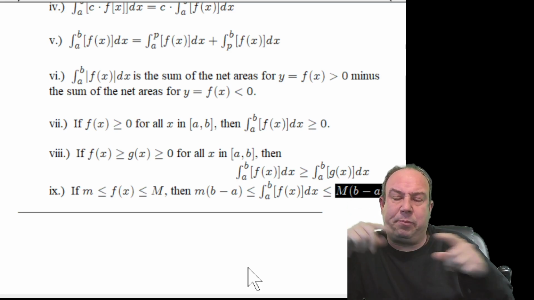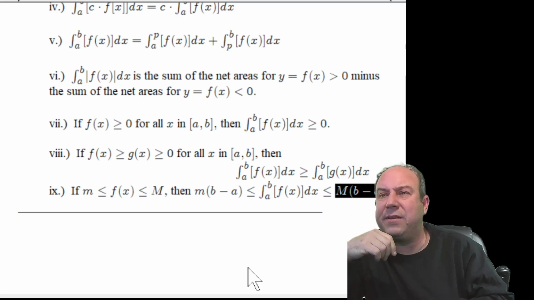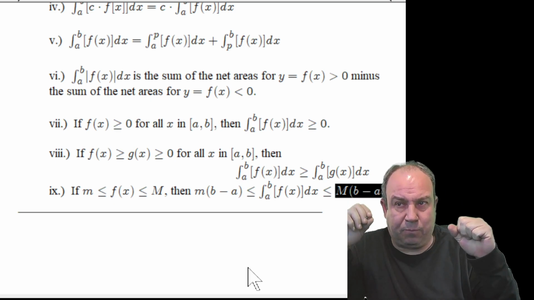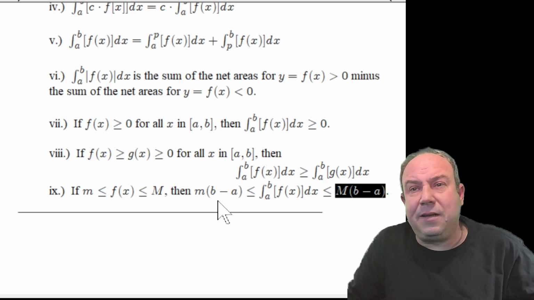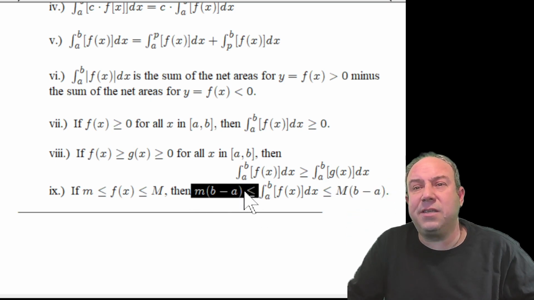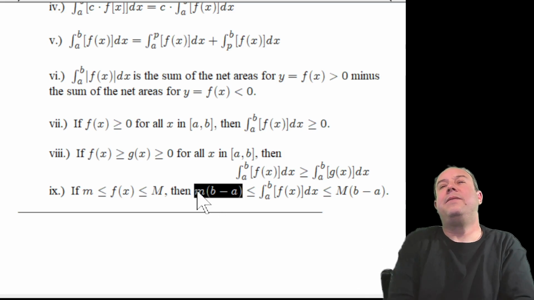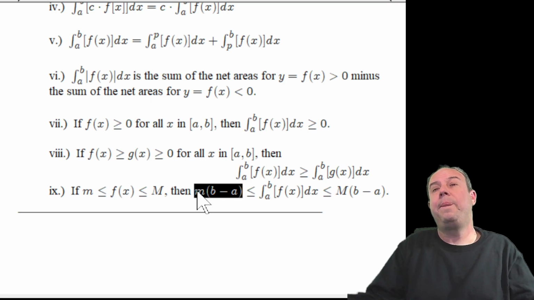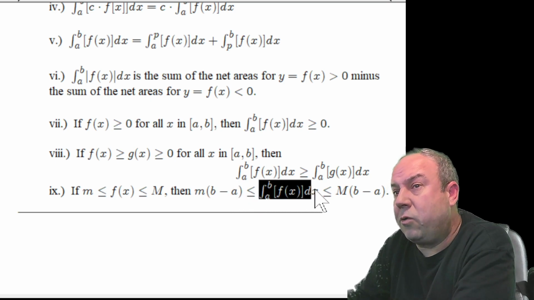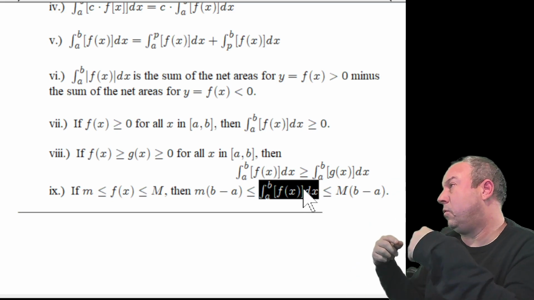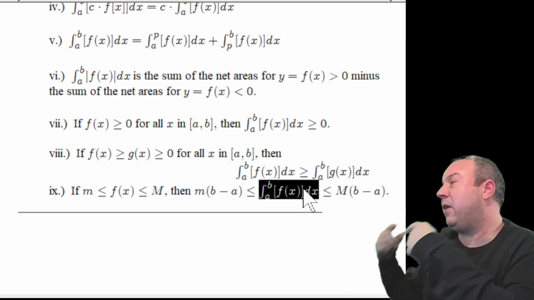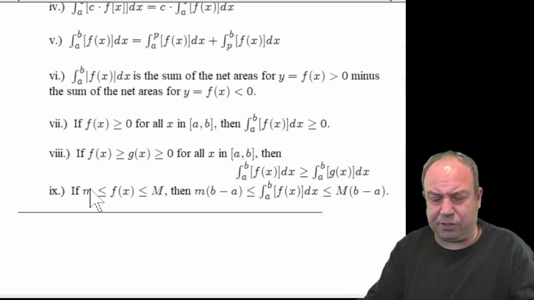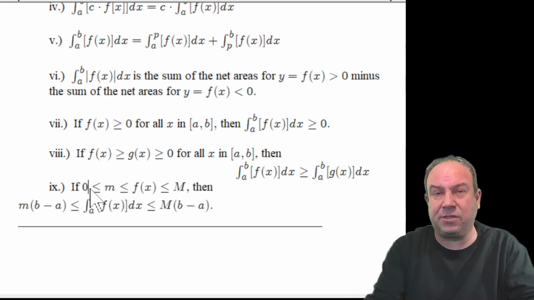Cap M times b minus a that I have highlighted here is a rectangle that the entire definite integral will fit into. Little m times b minus a is a smaller rectangle that this net area will always be bigger than. So our definite integral, our net area, will always be trapped between the areas in these two rectangles, which I probably should say are both greater than or equal to 0.